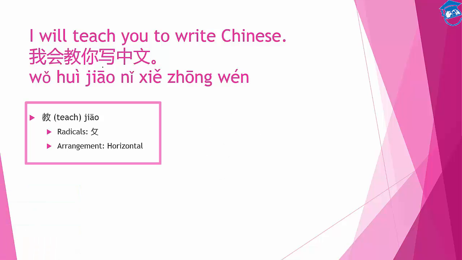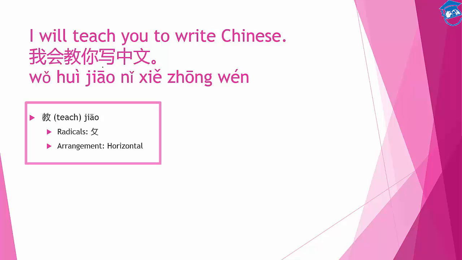You have learned the word 写, which means write, and as I said, 写 requires an object. So the object is 中文, which is Chinese text. So 写中文 means write Chinese.